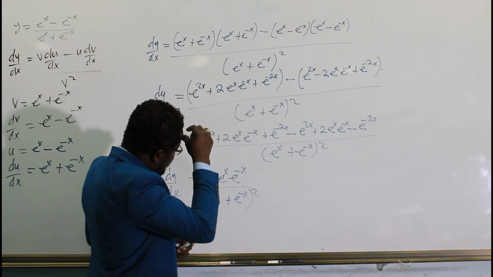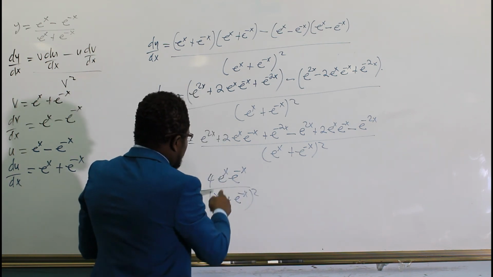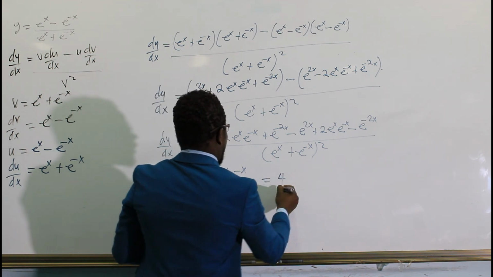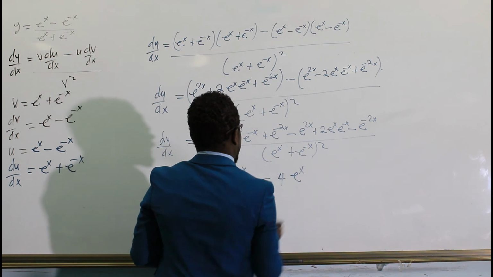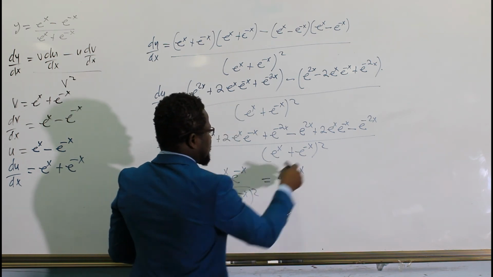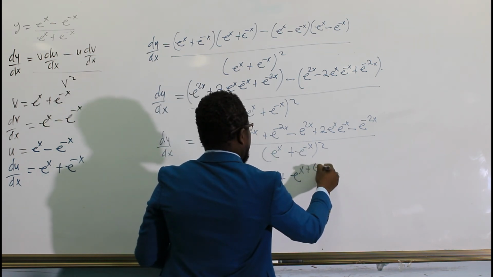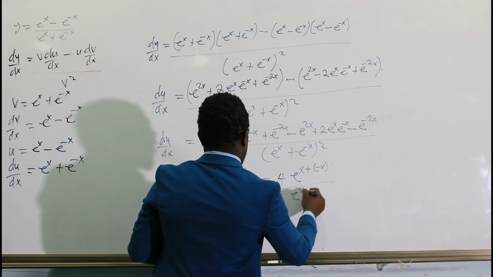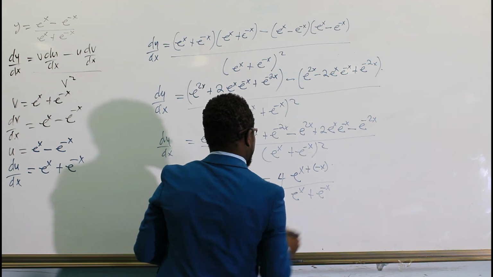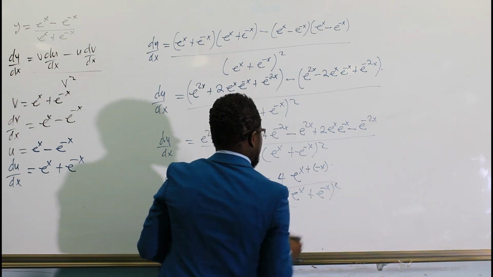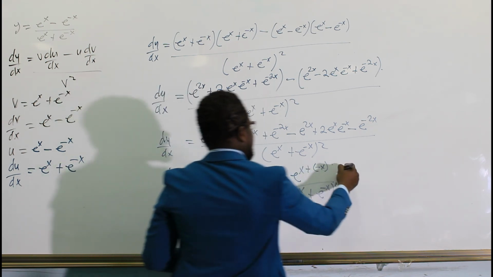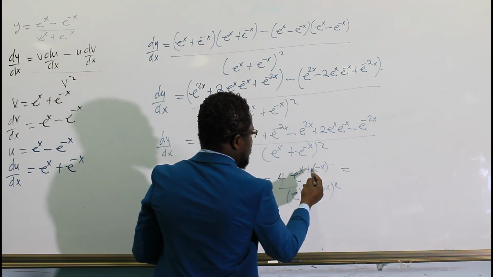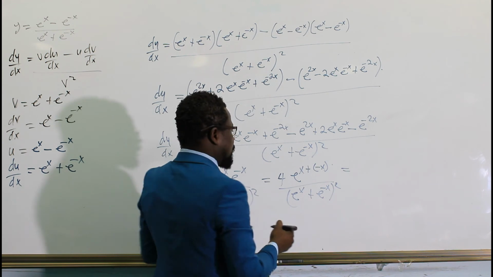And remember the exponential law, so that these can simply be written as 4e^(x plus negative x), divided by (e^x plus e^(-x)) all squared. And from here we can find that x and negative x cancel and become 0. Anything raised to the power 0 is going to give us 1.